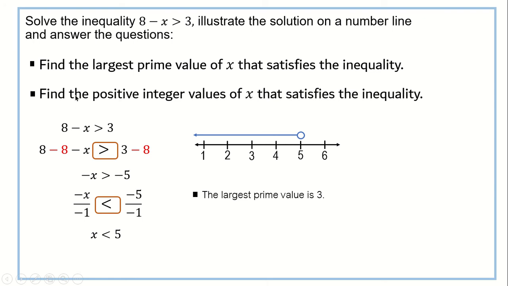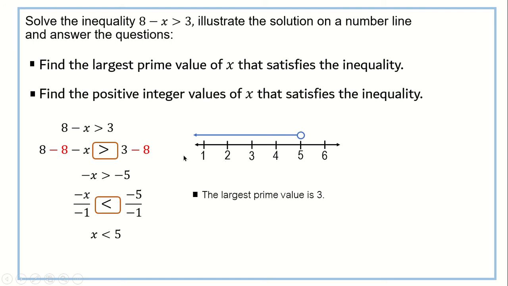Part 2. Find the positive integer values of x that satisfies the inequality. We want only positive integer values. We know that 5 is not inclusive. So we go to 4, 3, 2, and 1.